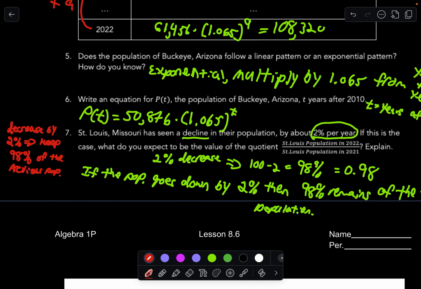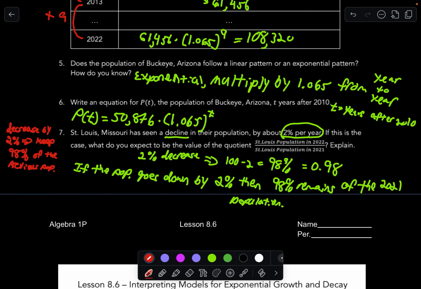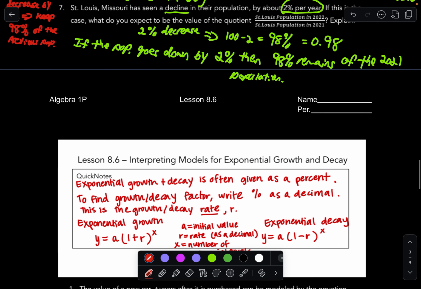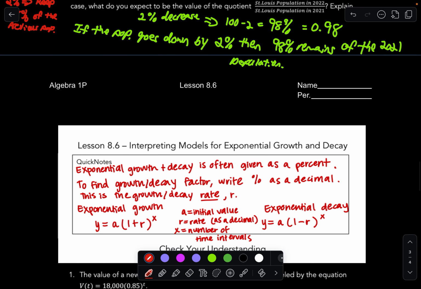Okay? So there you go. Now let's go over the learning targets or the quick notes.